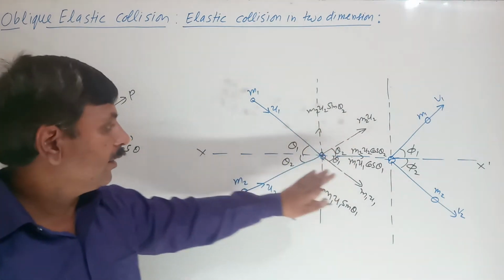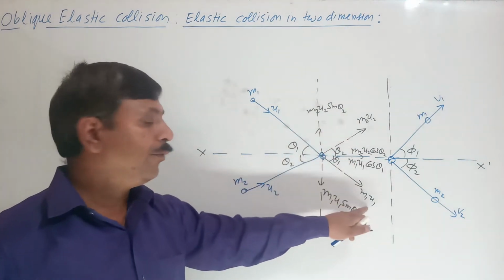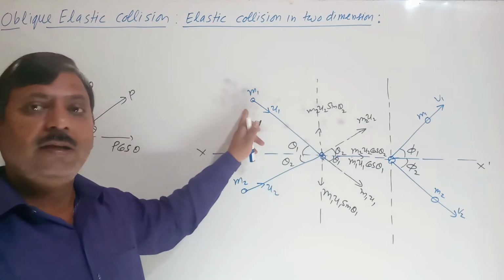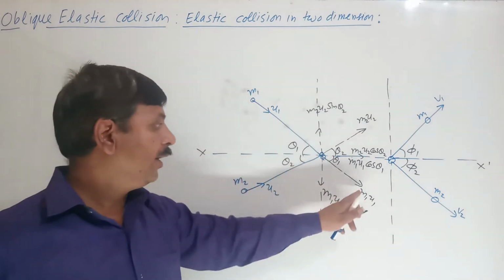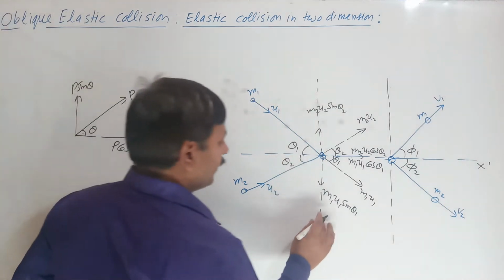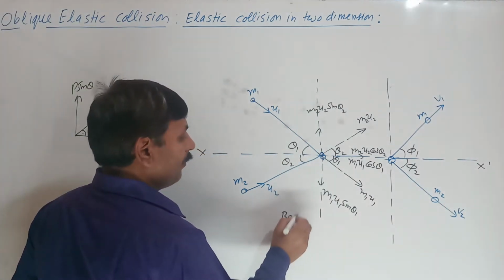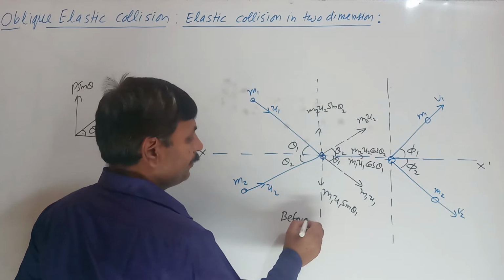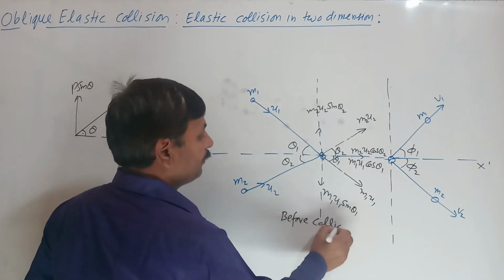So I have taken components of m1 u1 and m2 u2, the momenta before collision.